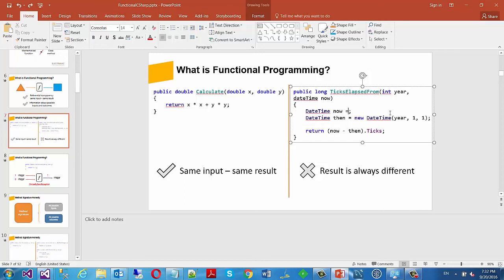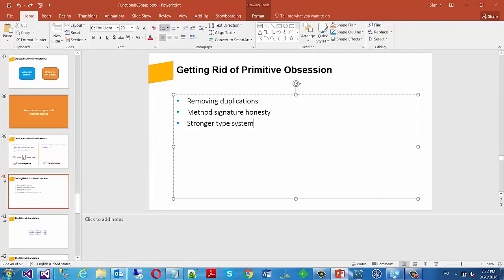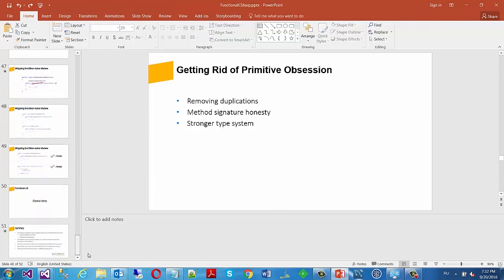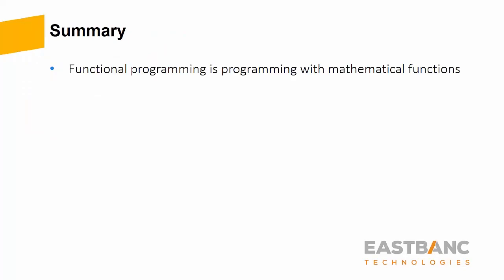Thanks. Yeah, sure. Just wanted to recap what we discussed here. So functional programming is programming with mathematical functions, and mathematical functions are methods that possess two attributes.